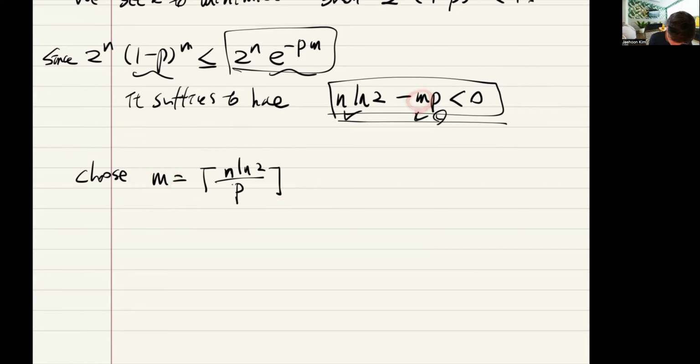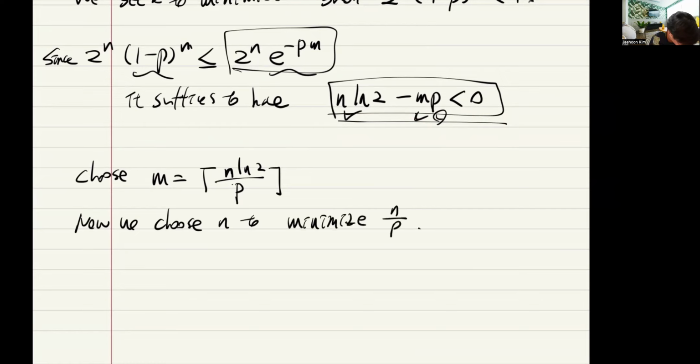So what's the smallest number m which satisfies this? The ceiling of that. So we're fixing this relation. Now we choose n to minimize this m.